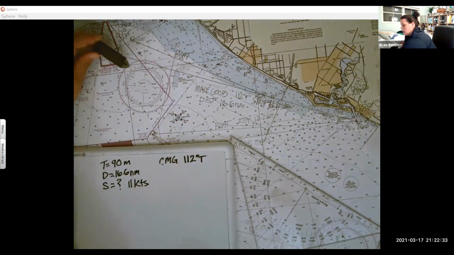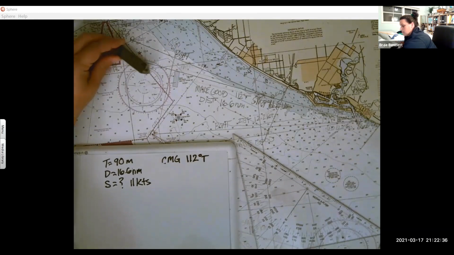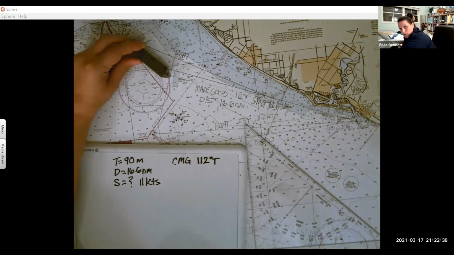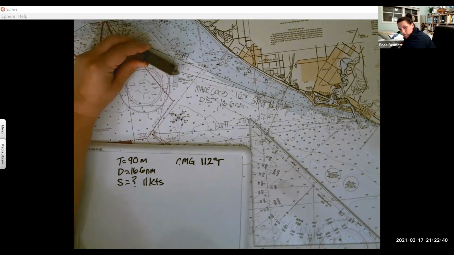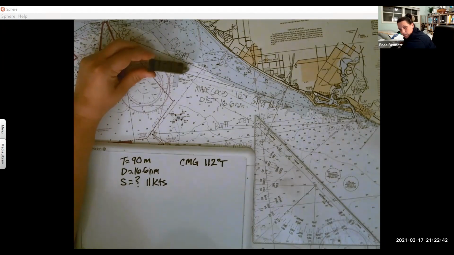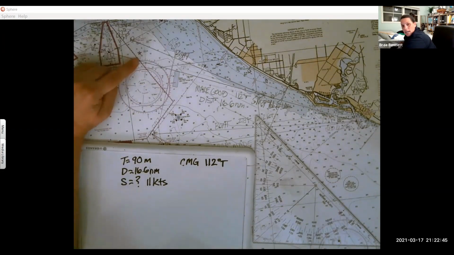So as I'm doing this, I'm steering whatever my boat line is, not my made good line.